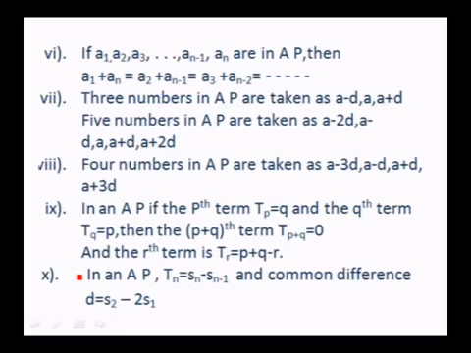In an AP, if you take the difference of the sum of the n terms with the sum of the n minus 1 terms, that is Sn minus S(n-1), it is nothing but the nth term Tn. The common difference D can also be obtained by taking the sum of the first 2 terms minus twice the first term, that is S2 minus 2S1.